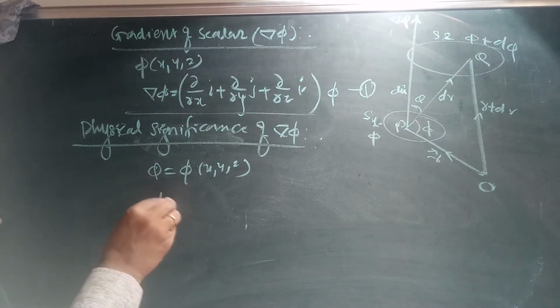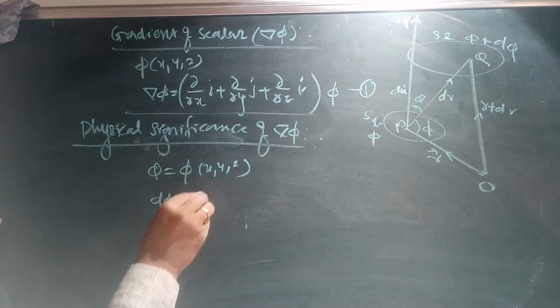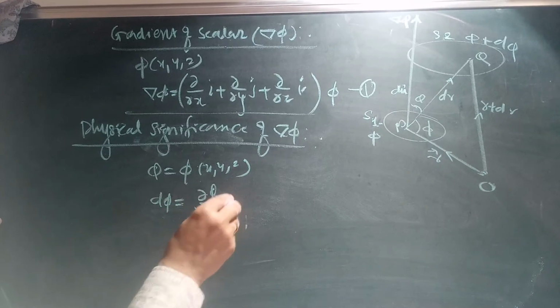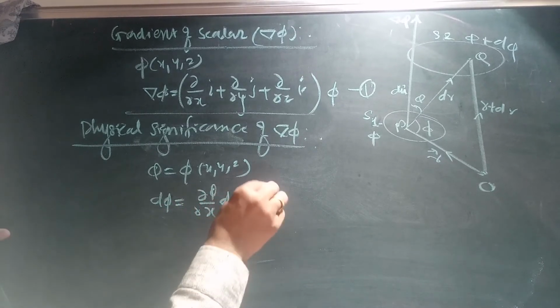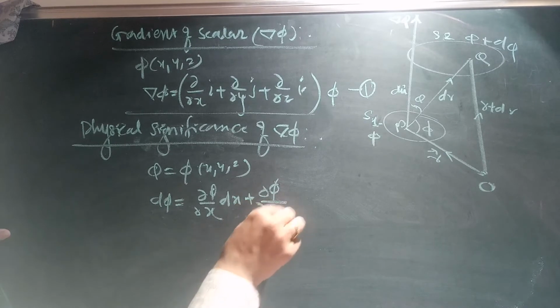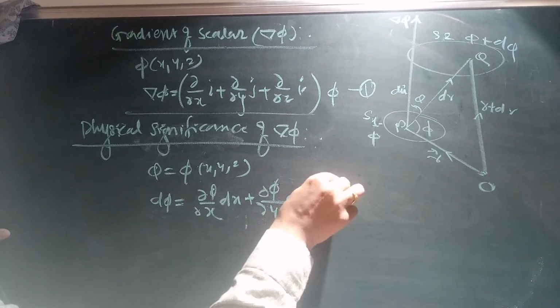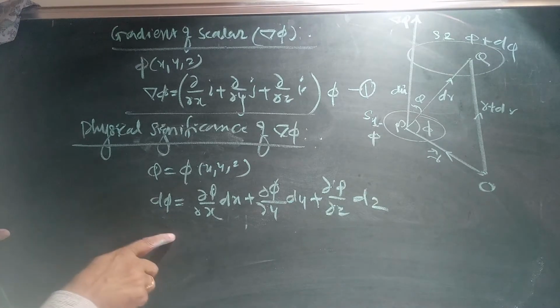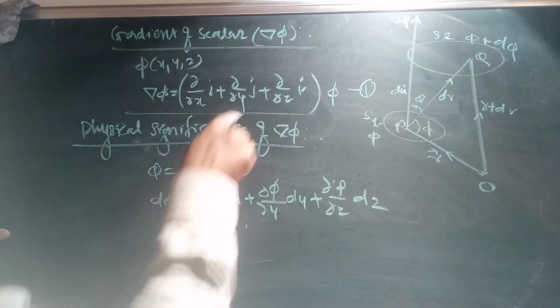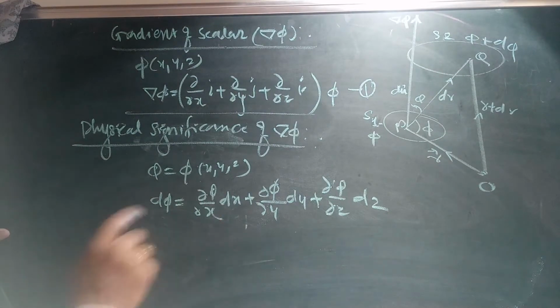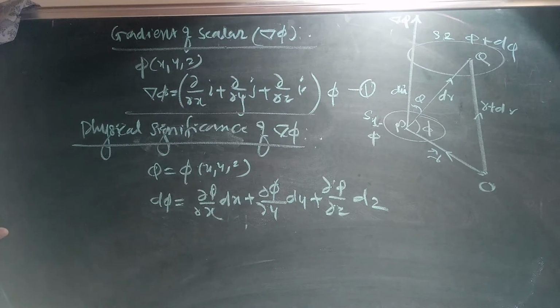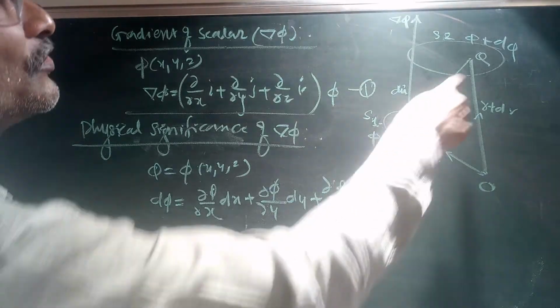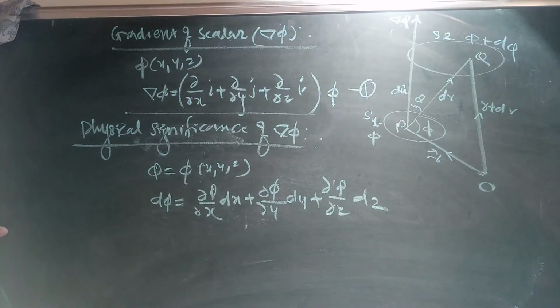So d phi is equal to ∂phi/∂x into dx plus ∂phi/∂y into dy plus ∂phi/∂z into dz. Now joining PQ, this is P and this is Q, that is the displacement from point P to point Q.